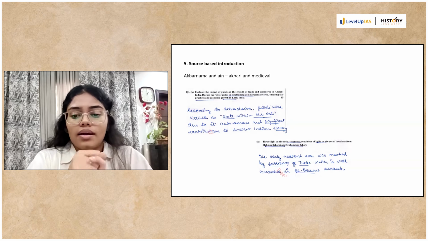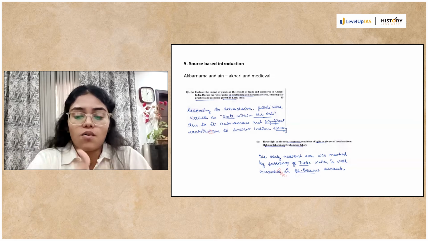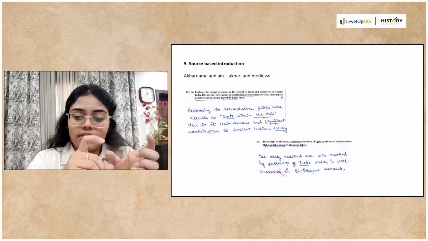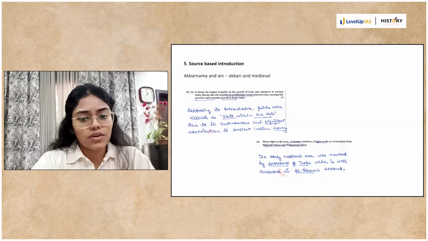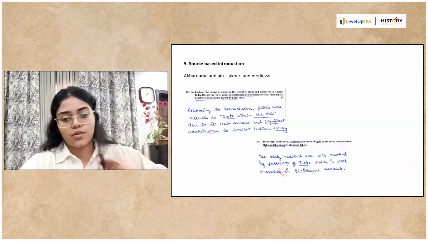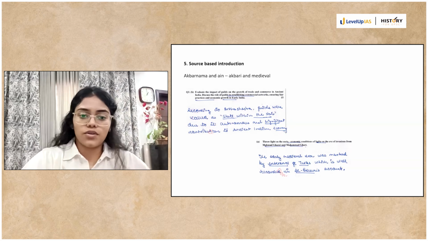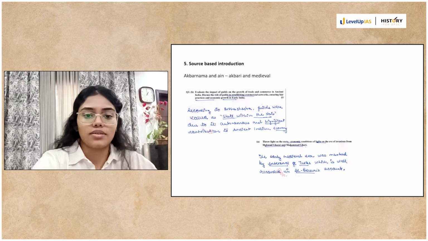So you can very well say ki what was the account, what were the sources where we come to know about this. Once you've set this tone of introduction, then you can very well, factual question hai, so you can answer it in the subsequent part. But telling the source adds value to your answer.